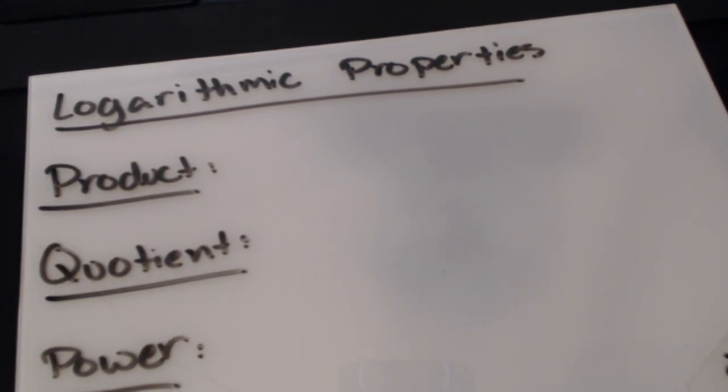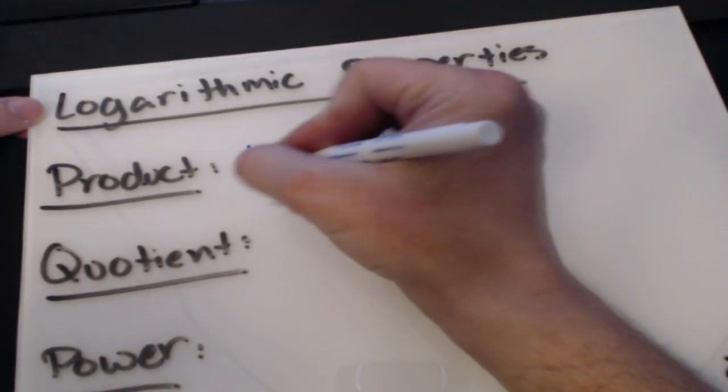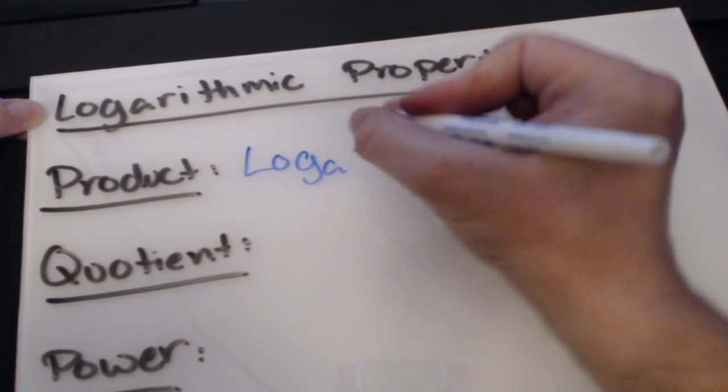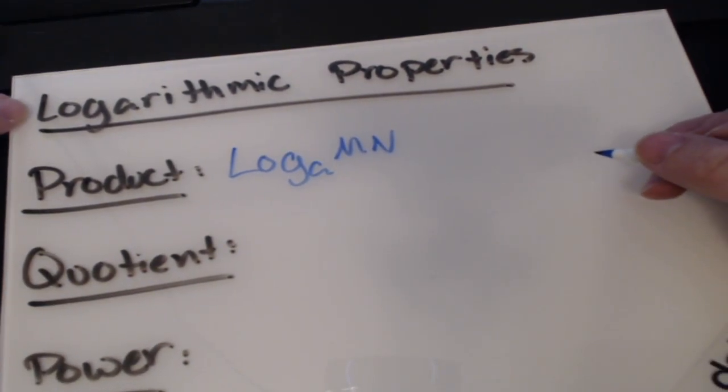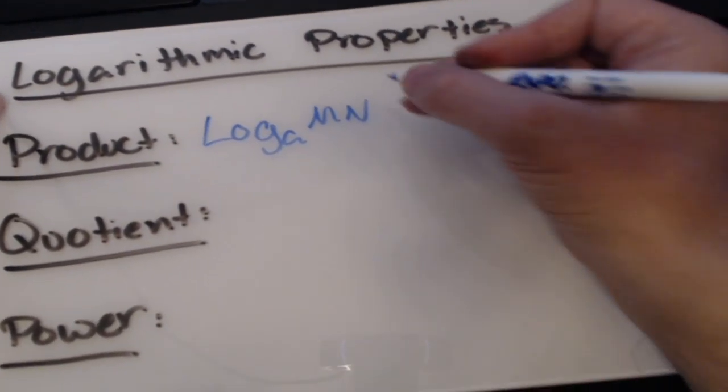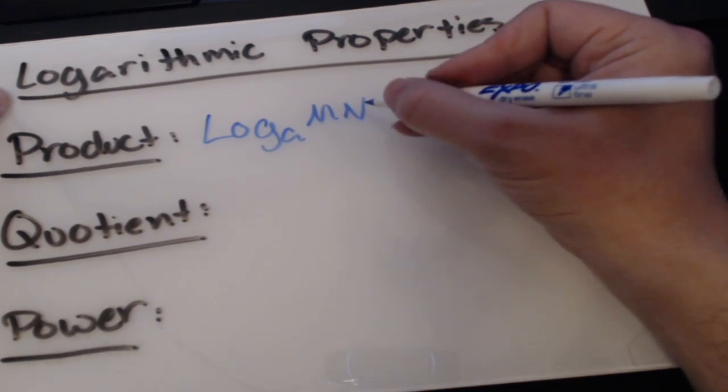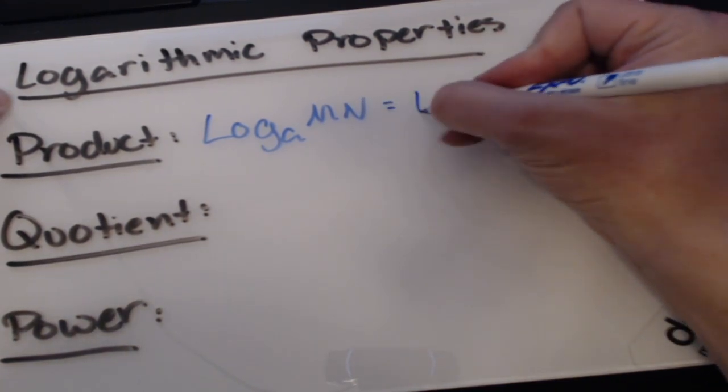So the way these work is if you have a product, that would look something like log base A of m times n. Well, I've talked about it before on the show that if you have multiplication, it holds the same properties as addition.